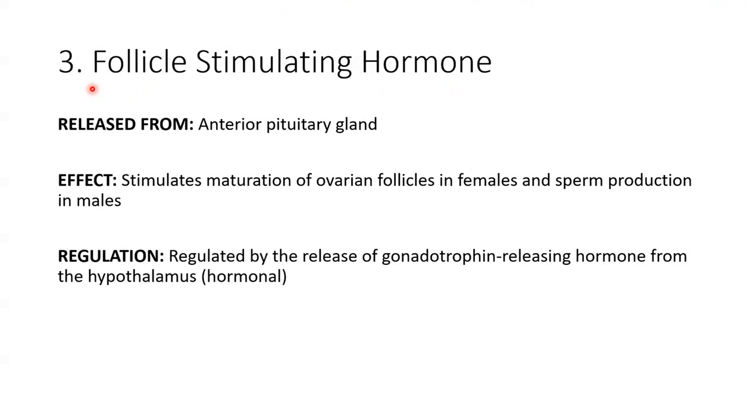It also stimulates the follicular cells to secrete estrogen, one of our female sex hormones. In males, follicle stimulating hormone stimulates the production of sperm in the testes. Now, gonadotropin releasing hormone from the hypothalamus stimulates follicle stimulating hormone release. Release of this hormone is suppressed by high levels of estrogen in females and high levels of testosterone in males. There is also no gonadotropin inhibiting hormone.